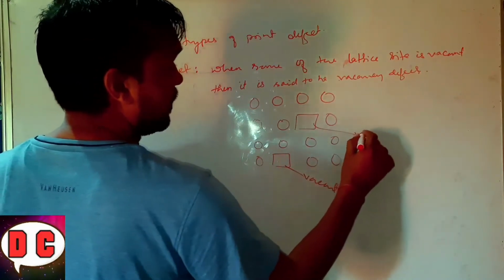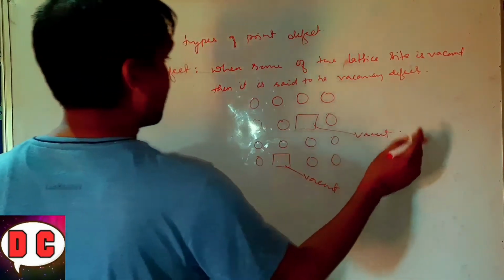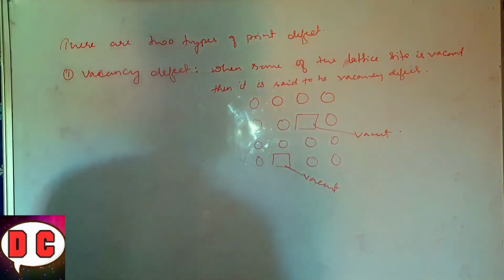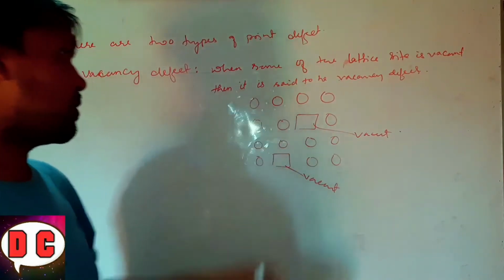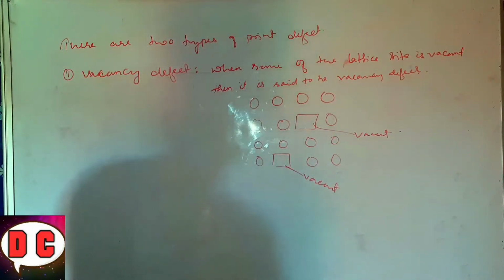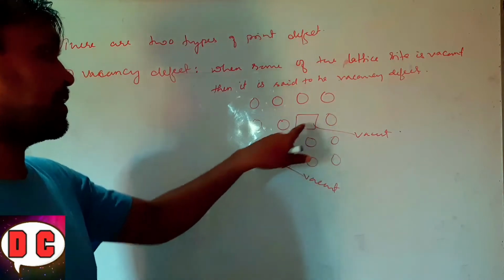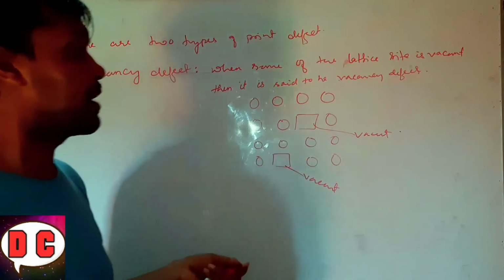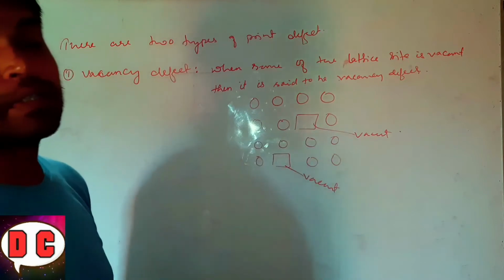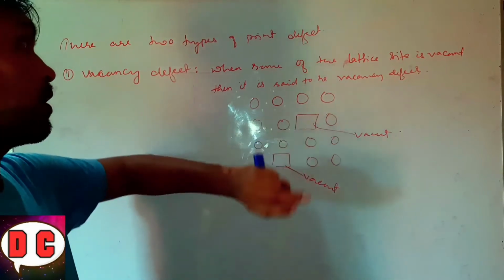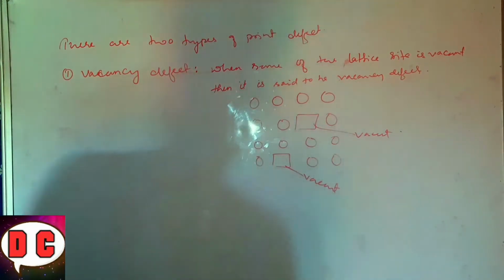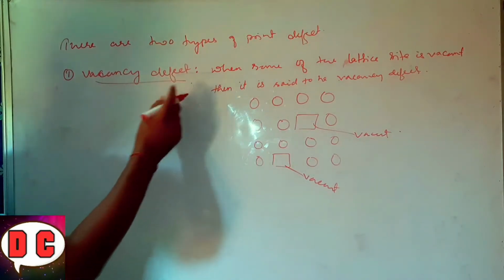So this kind of defect we call vacancy defect. Why? Because here some of the lattice sites are vacant. This is called the lattice sites. So here the constituent particles are not there. So we call this vacancy defect.